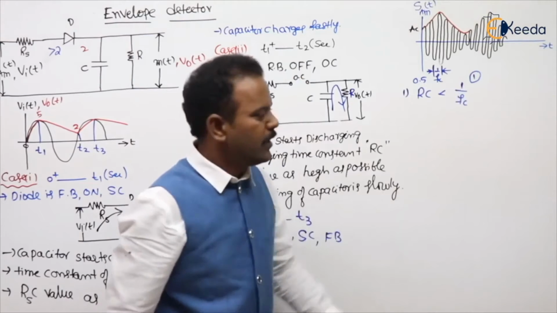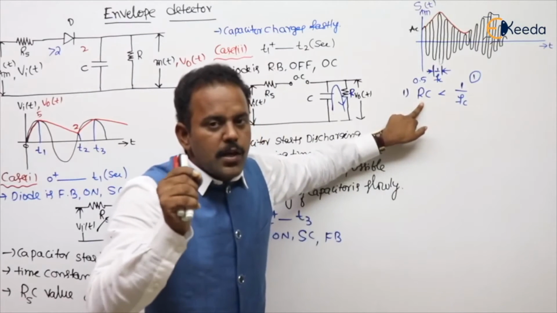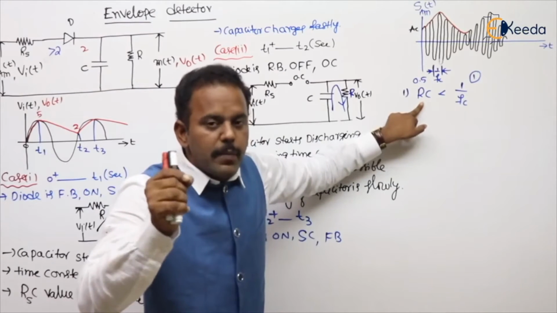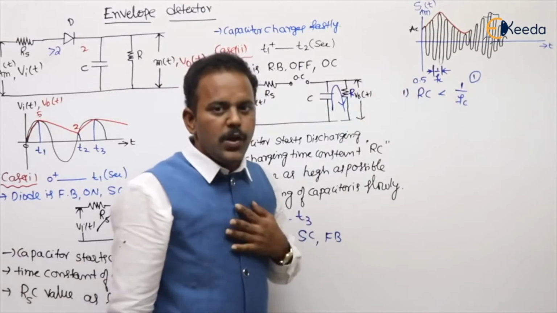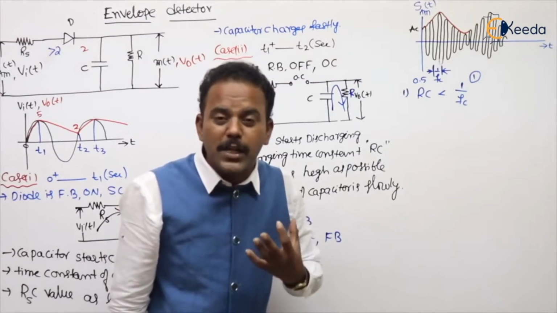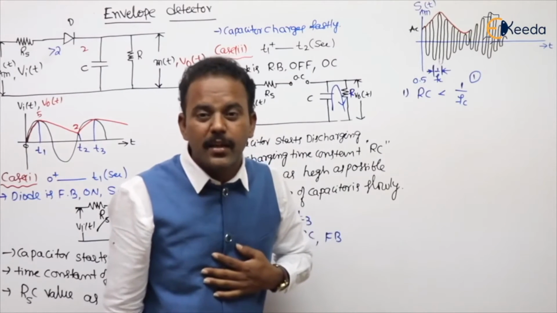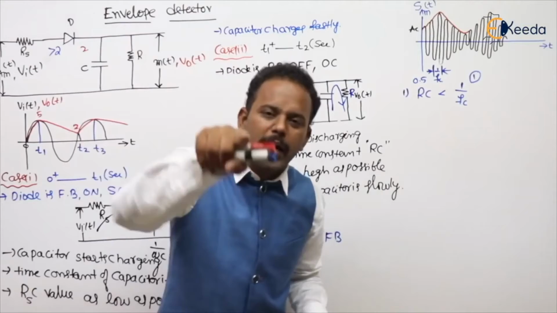Are you following my point? What is the RC, sir? The time taken by the capacitor to discharge is 0.5. So which will happen first, sir? 0.5 second will come first or 1 second? Obviously 0.5 second, so discharging will be done first.